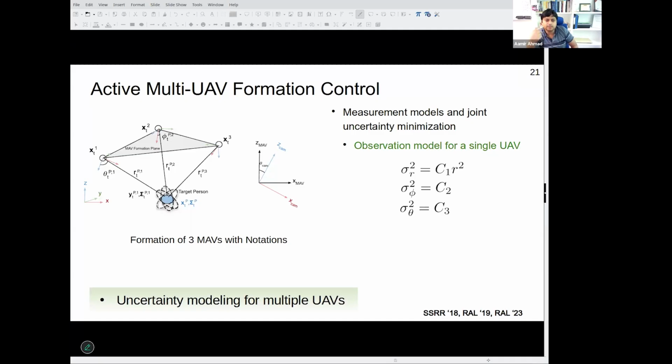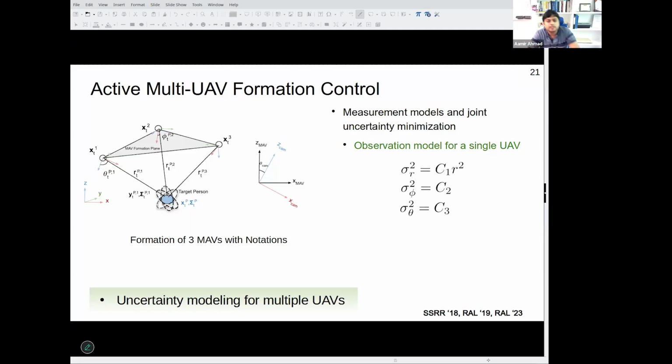Now, to model this uncertainty or the noise in these measurements, we used a similar process as before for the images, but now we run these detections in a simulation, right? So we have the simulated environment with humans and with drones and so on. So we can run these detections in simulation for a very large number of samples, perform noise quantification, and then approximate it as a function of the state variables, like the position of the UAV and so on.